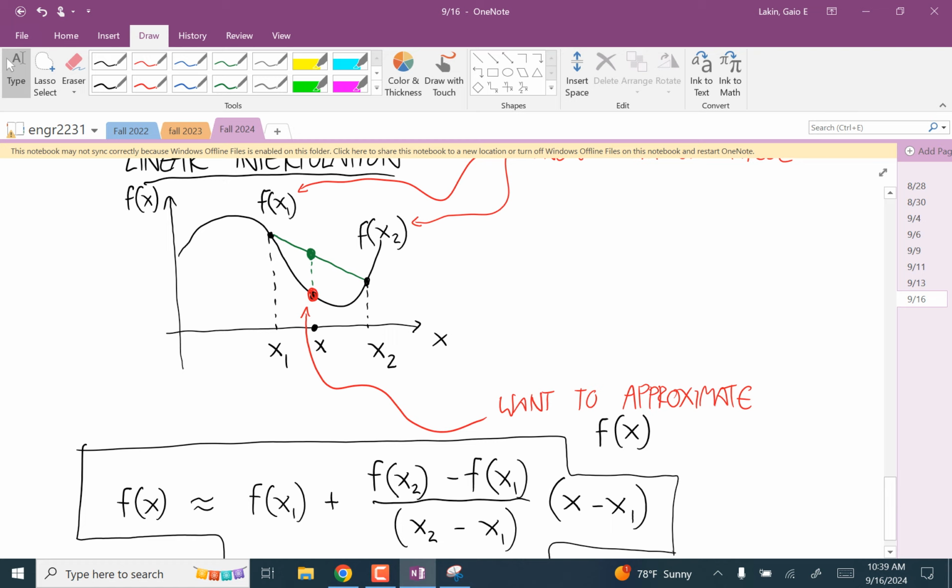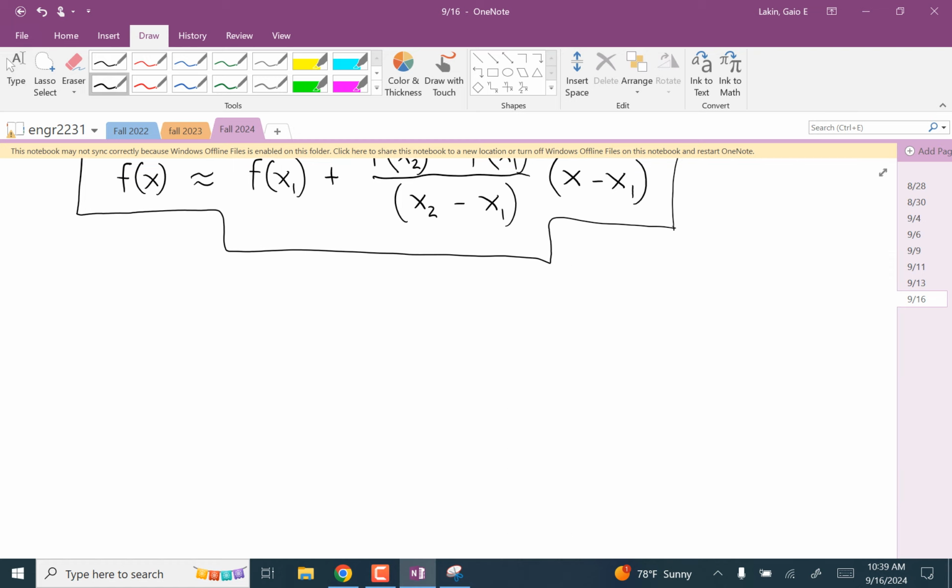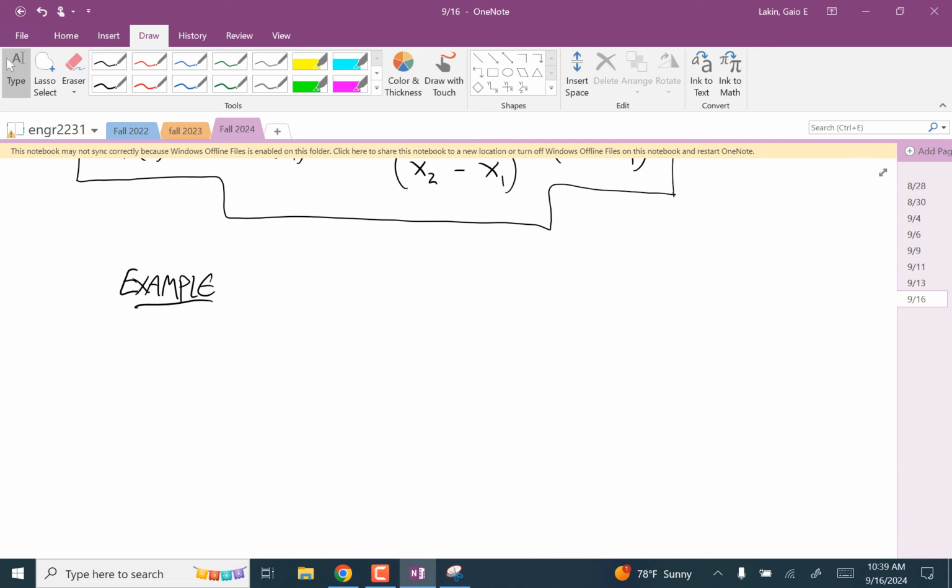Okay, let's see it work with just a mathematical function. So we want to approximate f of x is equal to x squared at x equals 2.